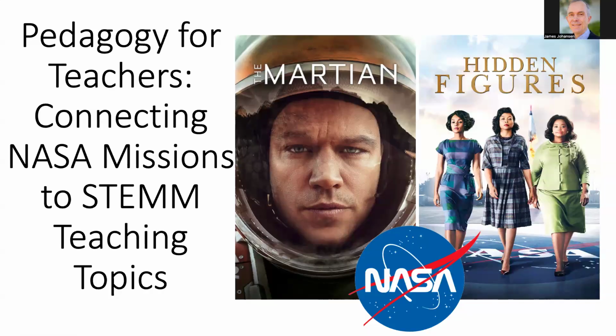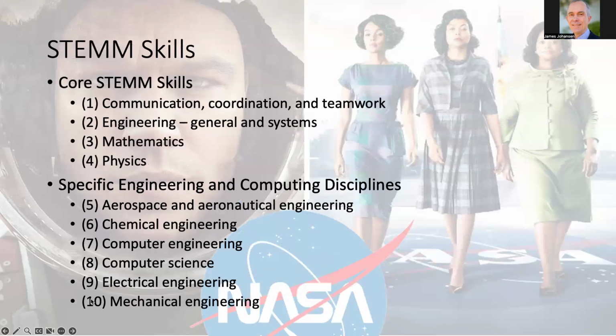Next, let's talk about, well, what are the specific things that we can be teaching students? And for students, these are the things that you want to start to plan out your specific path. I'll have 4 basic STEM skills and then get into 6 specific engineering and computing disciplines. These are examples of STEM careers and ones that you could be making a choice to do.